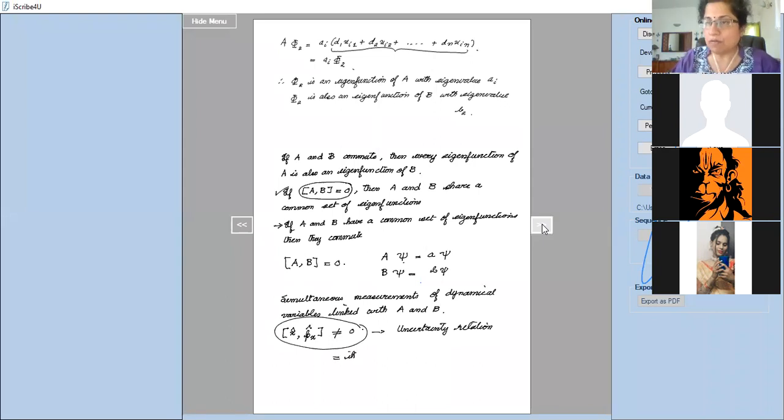But right now, from what I have explained, you will immediately realize that if you take x and px, or y and py, the position and the momentum in the same direction, they cannot commute, because if they commuted, you should have been able to measure them precisely simultaneously at the same point of time. But you cannot do it, which means they do not commute.